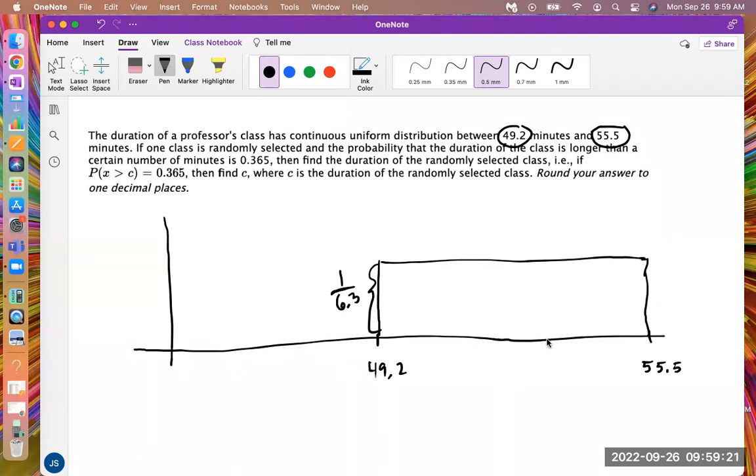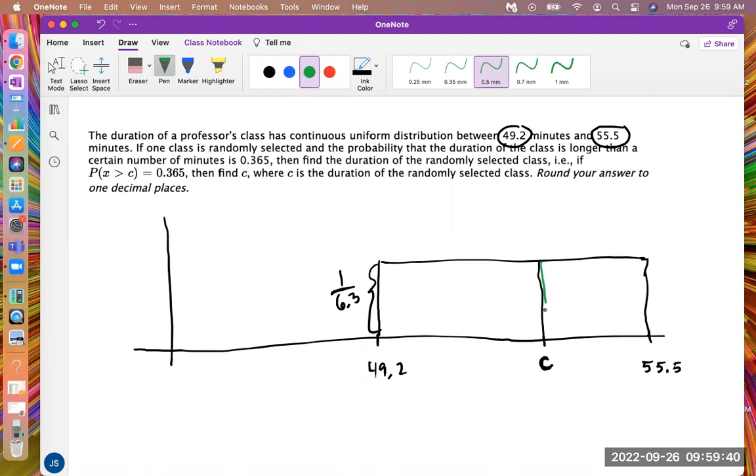So let's just say this is C right here. Then since they said the probability of the variable being greater than C, that means the area of this rectangle above it.